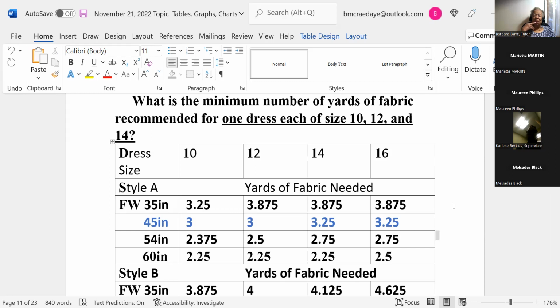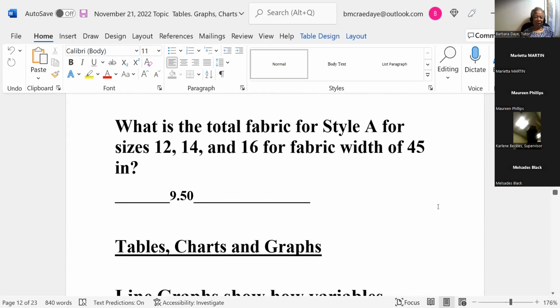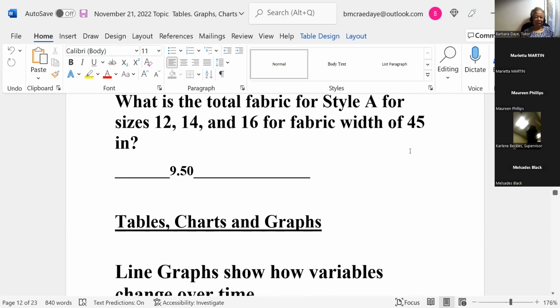What's 1/4 plus 1/4? I get 6.5. Okay, and what's 3 added to that? 6.5 plus 3 is what? 9.5. That's it. That's why I said it's mental math. So your answer would have been 9.5. There you go.